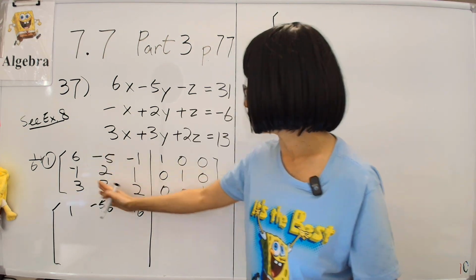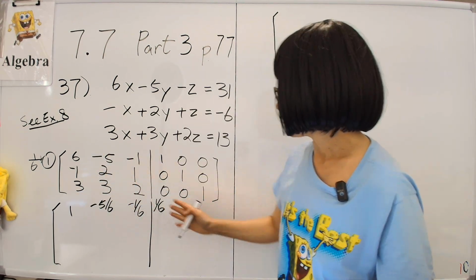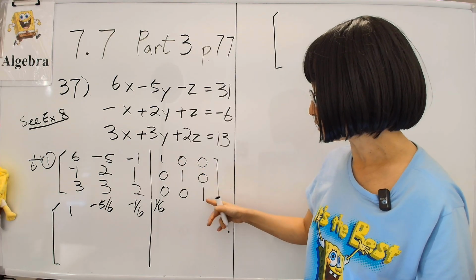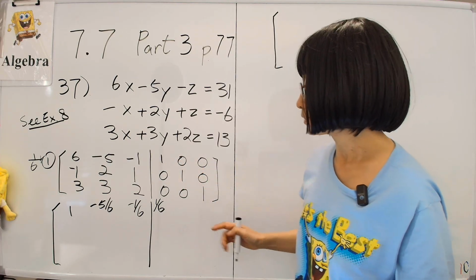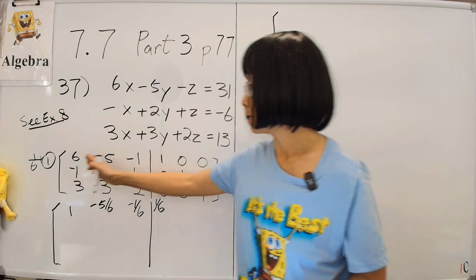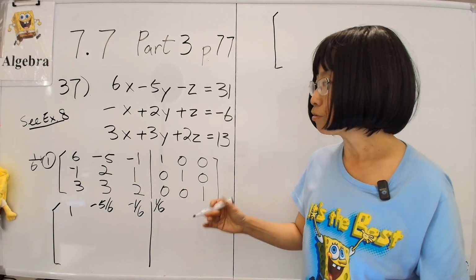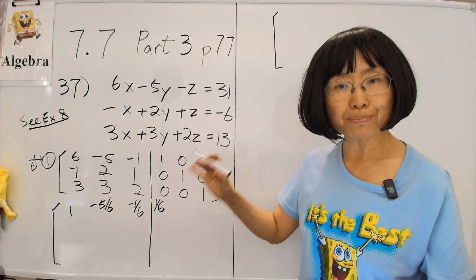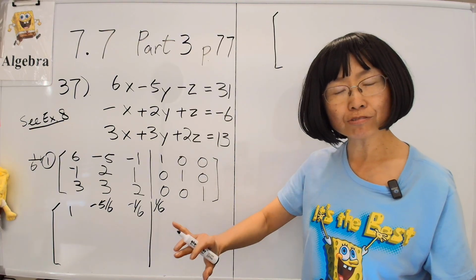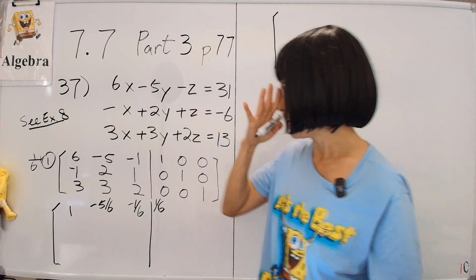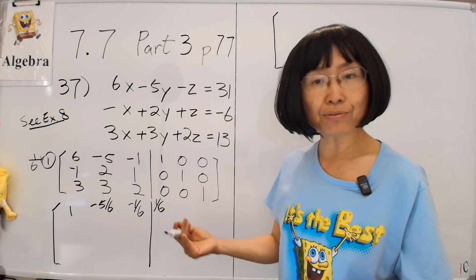So anyways, I wrote it down in order, and then this side will have the identity matrix, which has 1 down the diagonal and 0 everywhere else. Then once we've done that, we can do things such as multiplying a row by a specific number, or multiplying a row by a specific number, then add it to a second row to replace that row that you're adding to. Okay, so those are the only 2 things we're allowed to do.